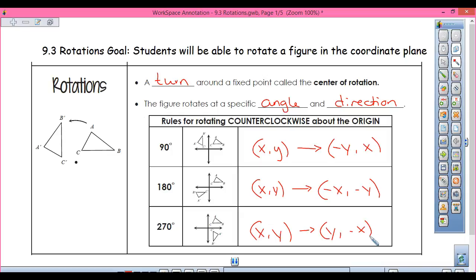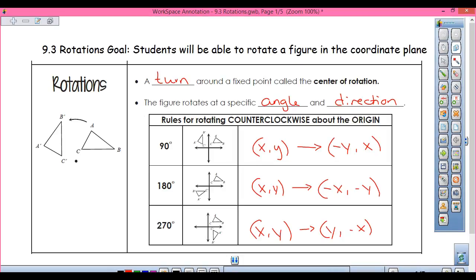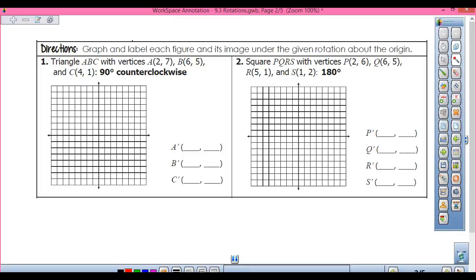Okay, so if we flip to number 1, 90 degrees. What was our rule for 90 degrees? (x, y) became (negative y, x). So even without graphing these, the y comes to the front and becomes negative.